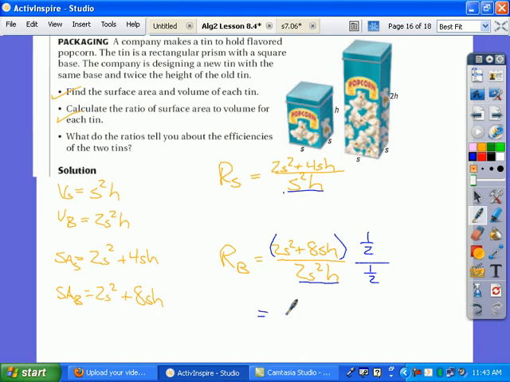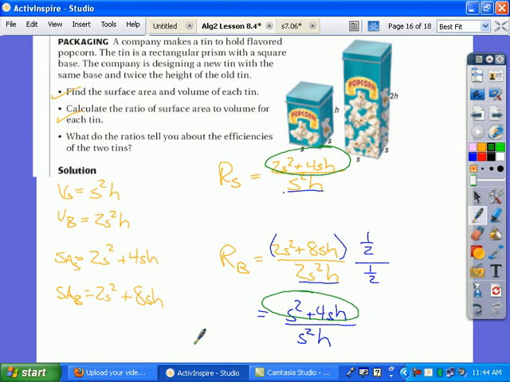So the question then becomes, which numerator is smaller? Which numerator is smaller? This numerator on the top, R sub S, or R sub B?